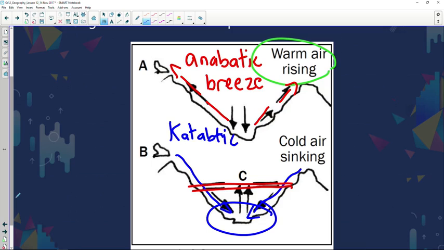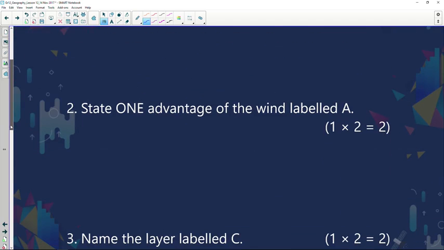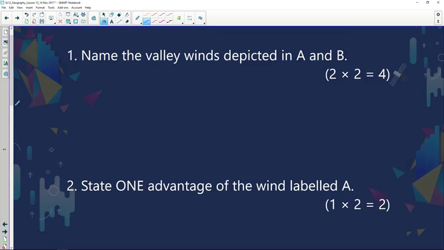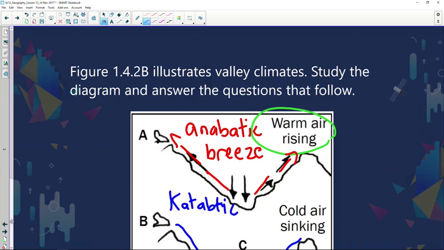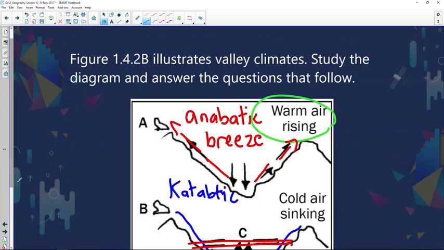So that's anabatic and katabatic breezes. Now state one advantage of the wind labeled in A. If you can look at that, if you look at what's the advantage of diagram number A, they basically carry pollution out of the valley floor.